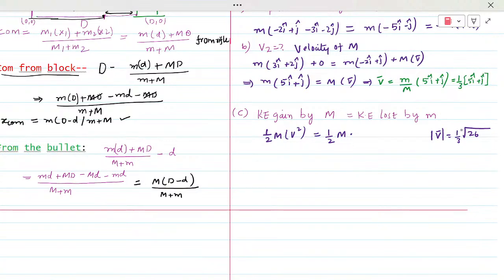I hope you remember in vectors, when a vector is k multiples of another vector, its magnitude is also k times that magnitude. So in vectors, multiplication of a vector with a scalar number, the magnitude is also k times increased. So m into v square equals 26 by 9.